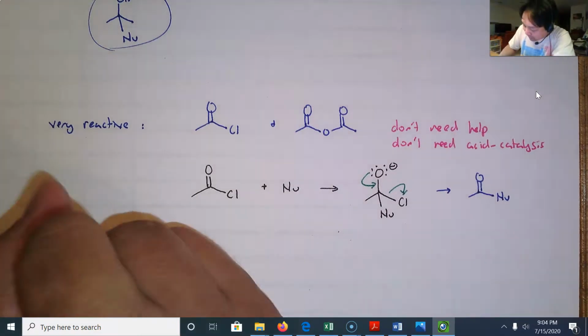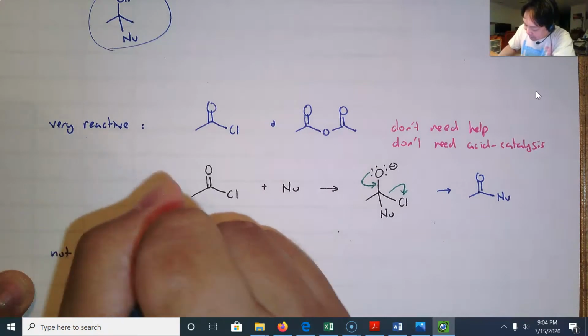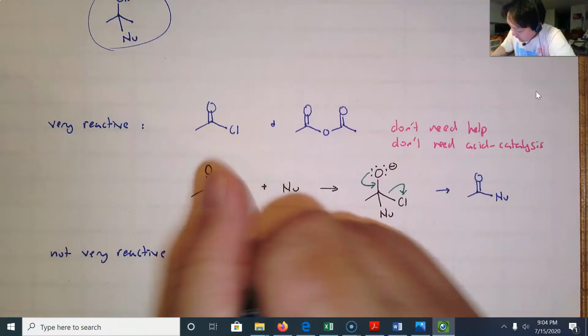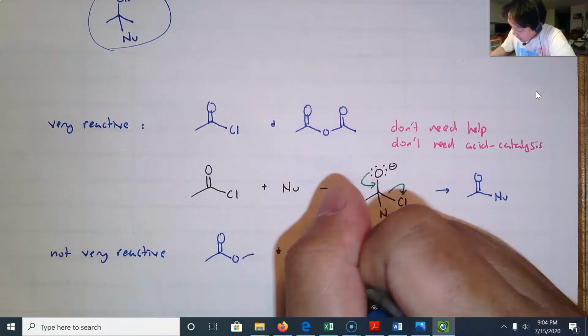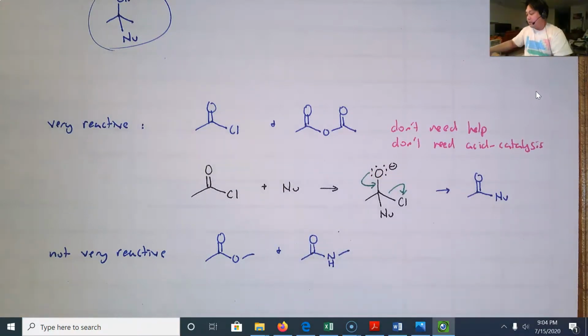If you're not so very reactive, which derivatives are those? The two bottom derivatives, ester and amide, then that's when you need some catalysis. So if you are an ester or an amide, you do need help.